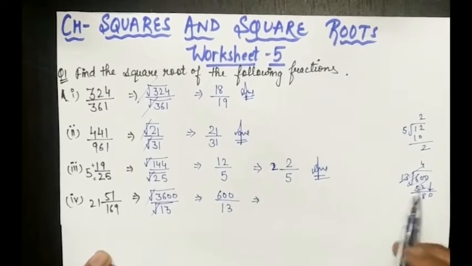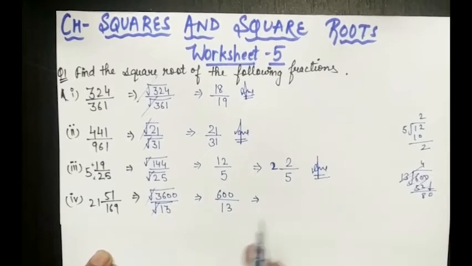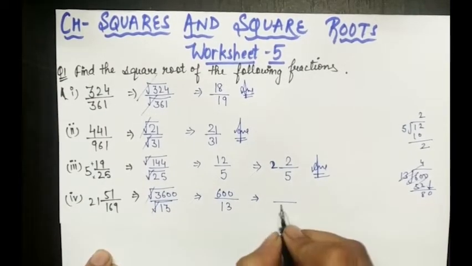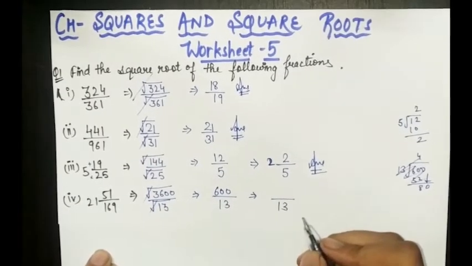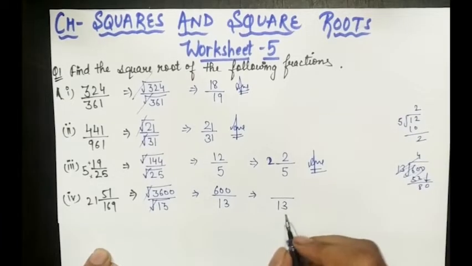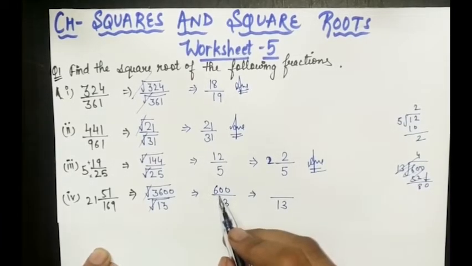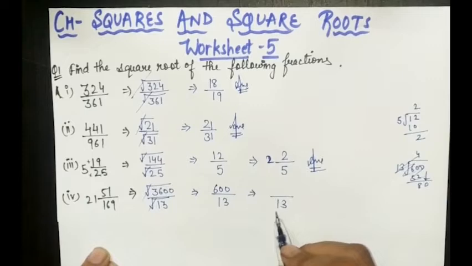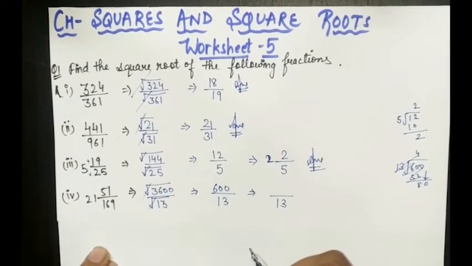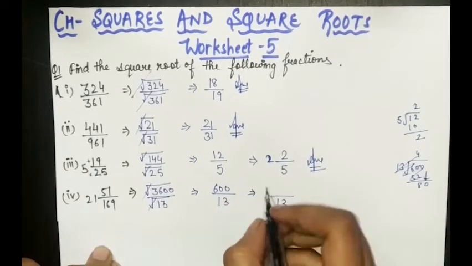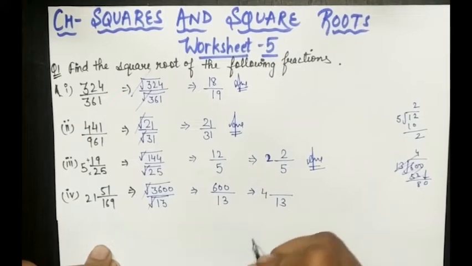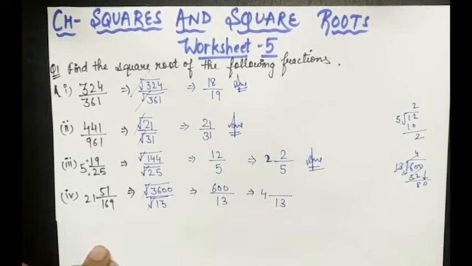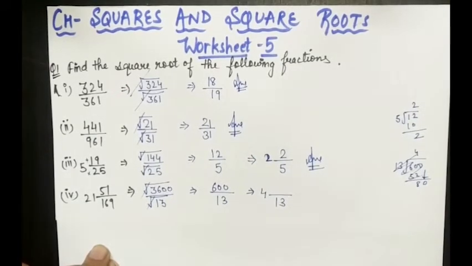Firstly, you can solve this orally also. How? You all know that 13 will remain 13 here only, and then you want one number closer to 60 in 13's table. That will be 4. That will be 52. Means 13 4s are 52, and then you want 8 to make it 60.